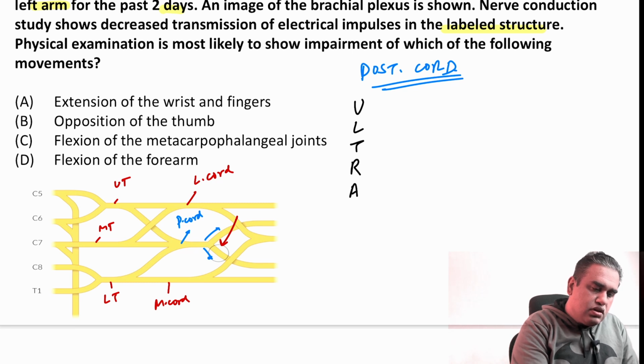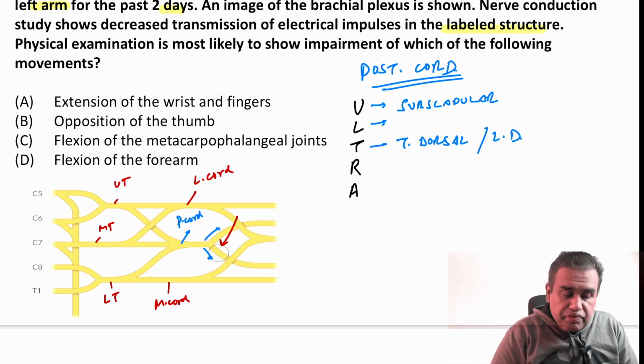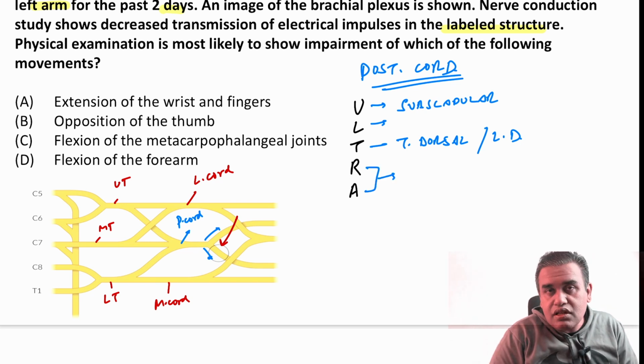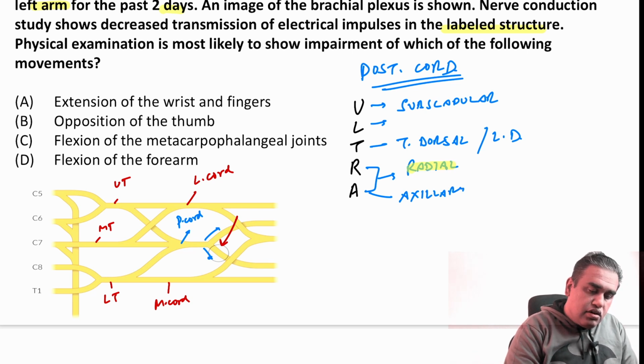In ULTRA, U refers to the upper and the lower subscapular nerve. T refers to the thoracodorsal nerve, that is the nerve to latissimus dorsi. R and A are the two terminal branches of the posterior cord: R is the radial and A is for the axillary nerve. So this labeled structure is either the radial or the axillary nerve.